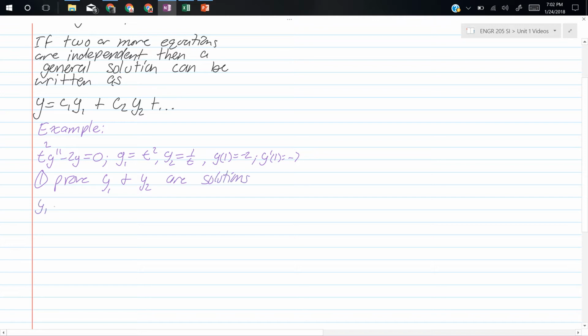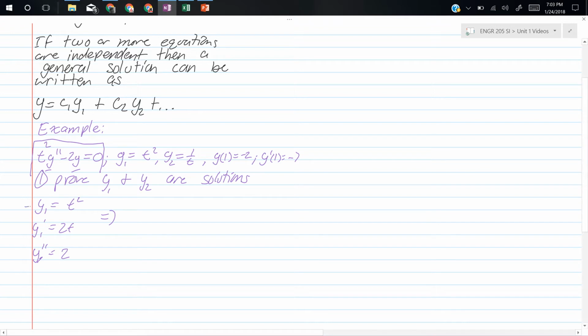So y1 equals t squared, y1 prime equals 2t, y1 double prime equals 2. The reason why I'm doing this is because I'm assuming that this y1 can be substituted in for the y in this equation given to us right here. And if I can plug this in and it equals 0, then that means it is a solution.